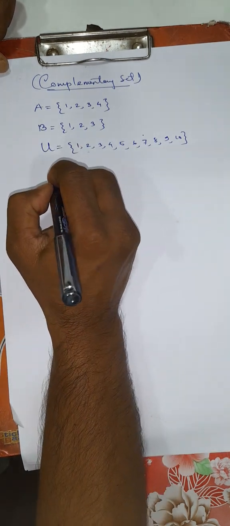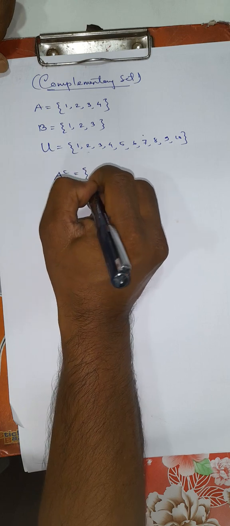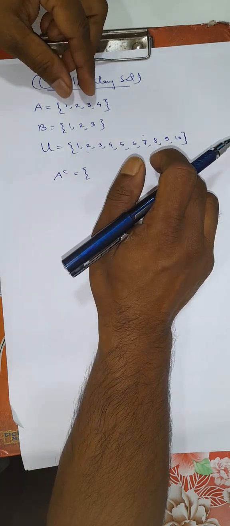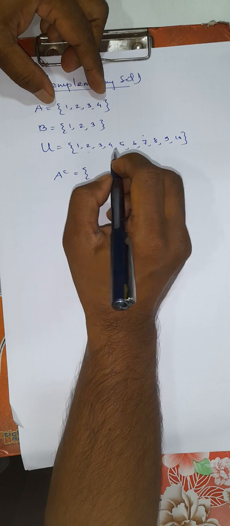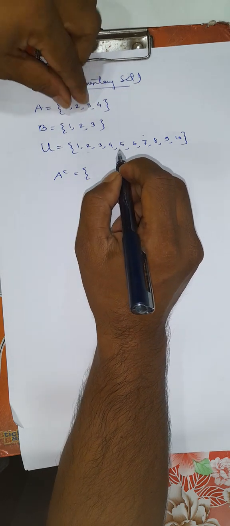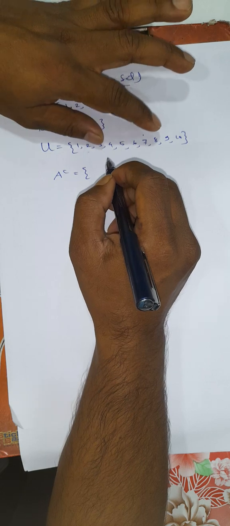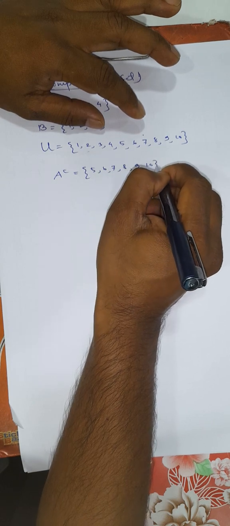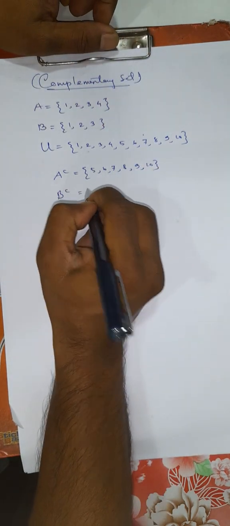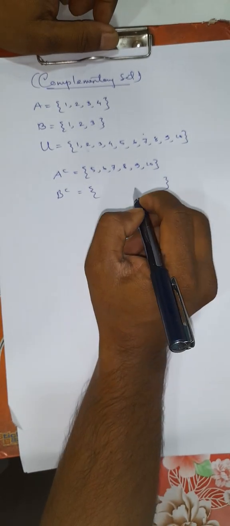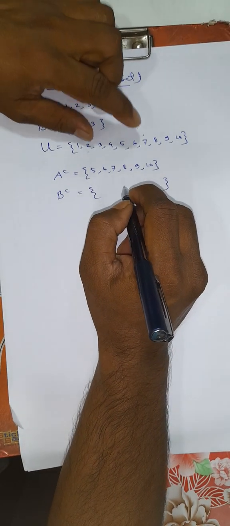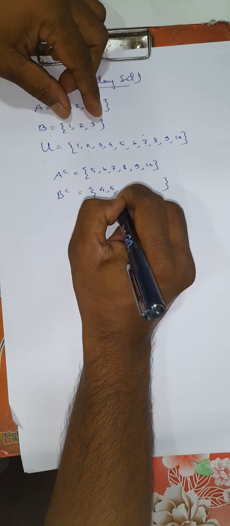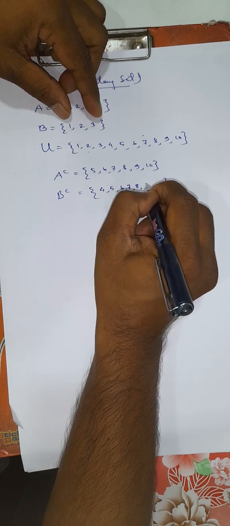Now the complement of A is defined as the elements which are within the universal set but not within A. So what are the elements which are not in A but are in U? You will find 5, 6, 7, 8, 9 and 10. Similarly, B complement equals the set of elements which are within U but not in B. That means you will find 4, 5, 6, 7, 8, 9 and 10.